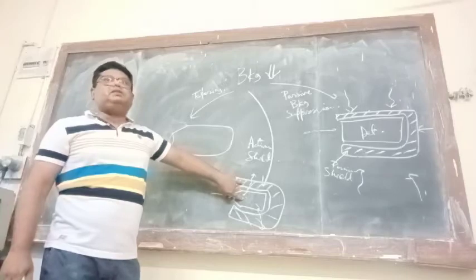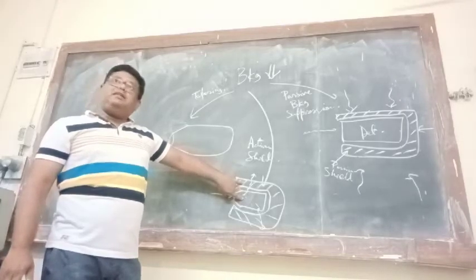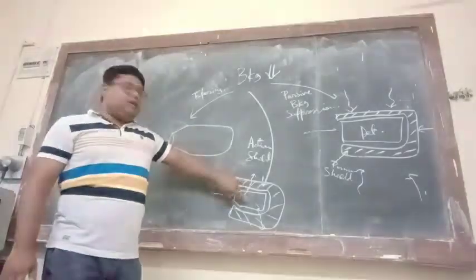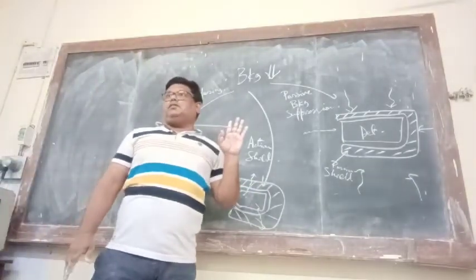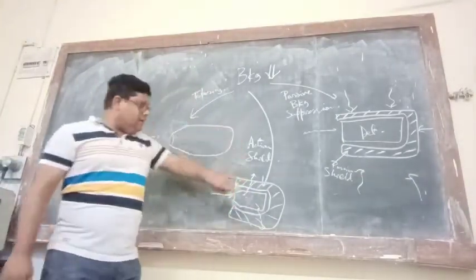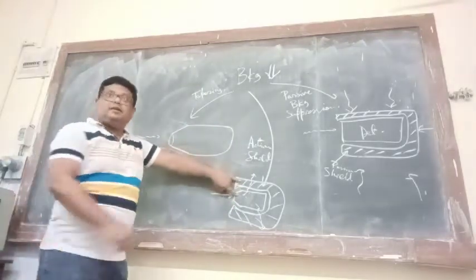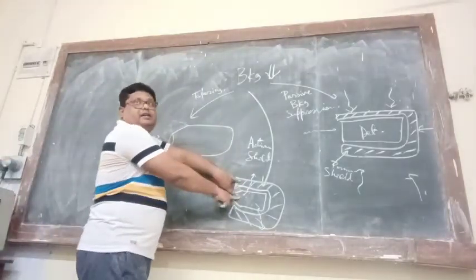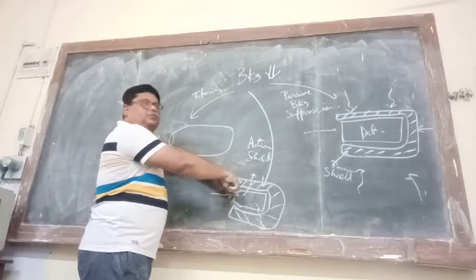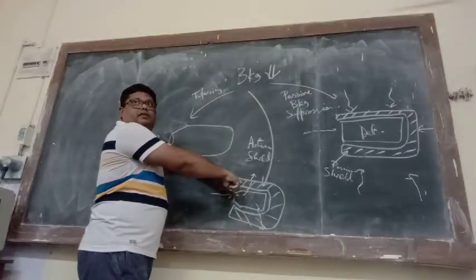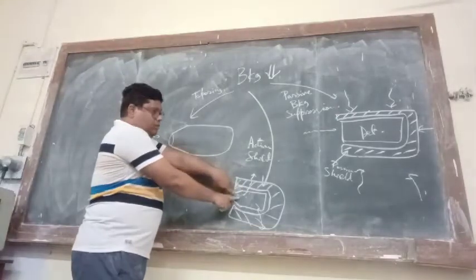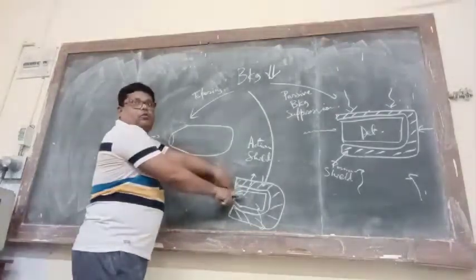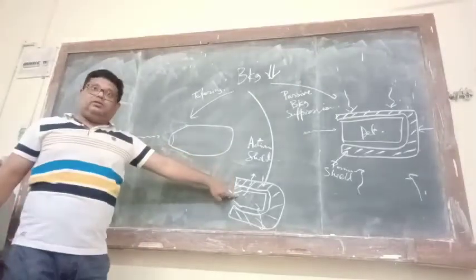Now in anti-coincidence, if there is something present in both of them, the entire signal in the detector will not be recorded. Why? If there is signal in both of them, this means that a gamma ray has interacted in the detector and a Compton scattering has happened. So if I record this event, I will get a reduced energy which will contribute to the background.